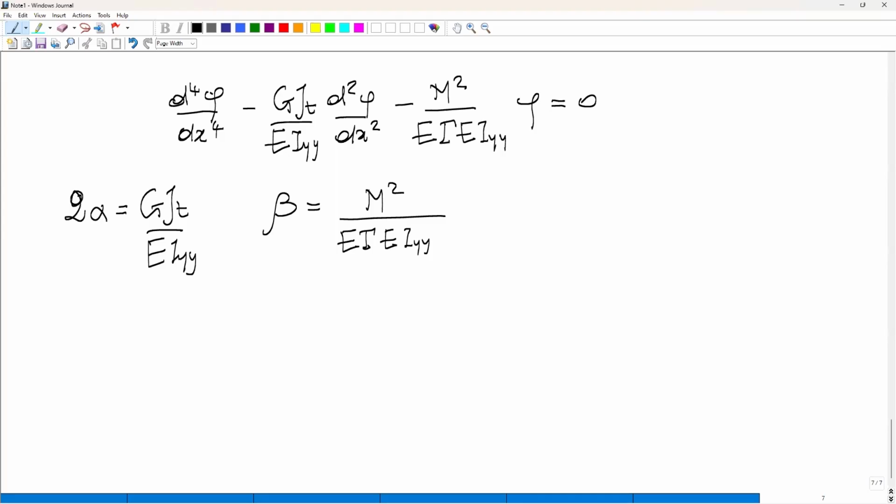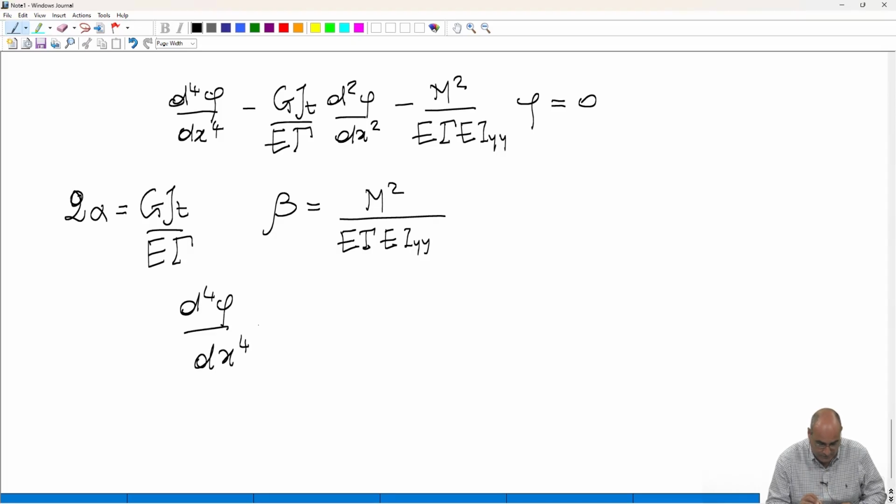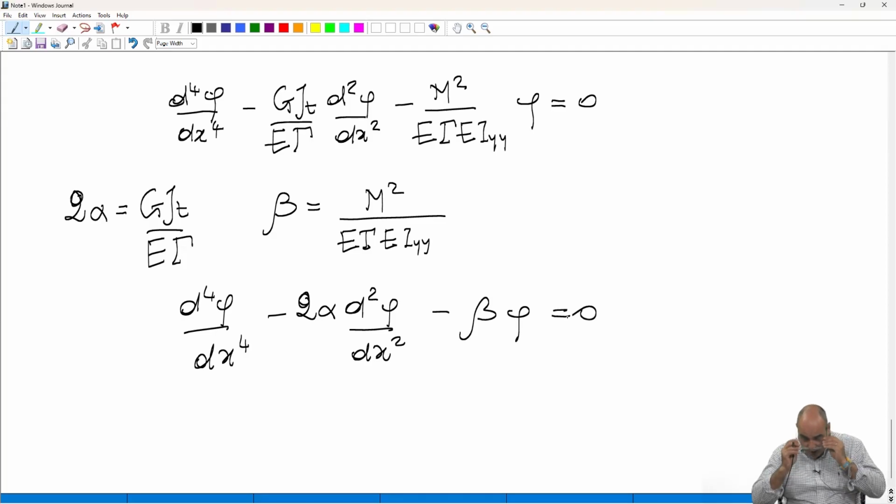Okay, it's just changing some notation, and this equation becomes, if I make that position, just a change of notation. So this is the fourth order equation that you have to deal with.